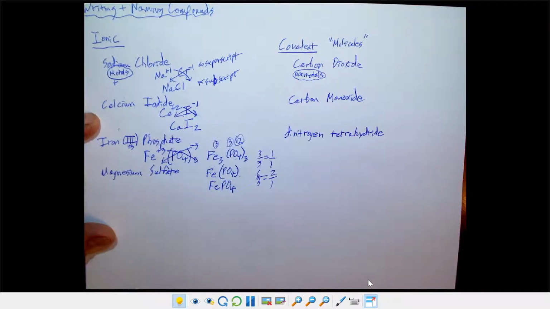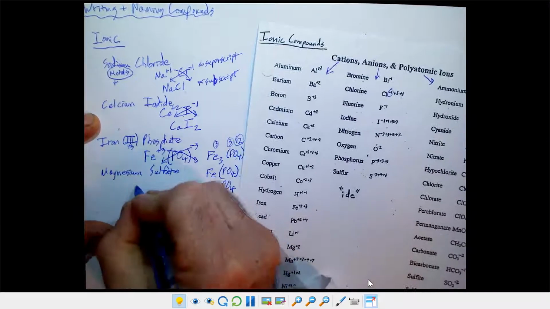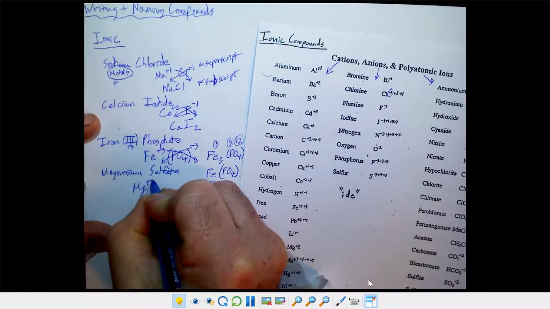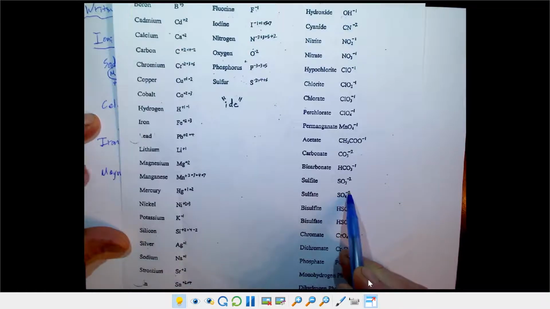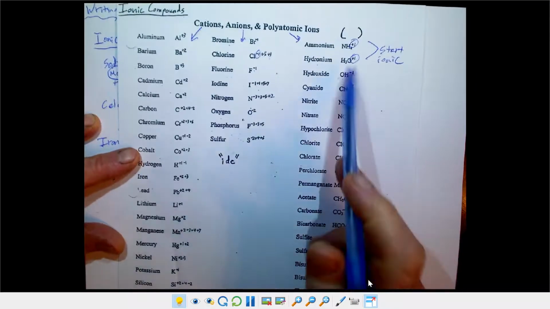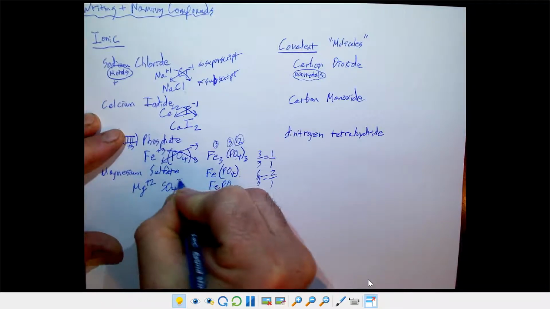Okay, so let's move on to the next one, magnesium sulfate. So we look at magnesium, it's a +2. We look up sulfate. Sulfate is SO4 with a -2. It's one of these dudes from the last column, so it's going to get parentheses. So we're going to write down SO4 with -2.